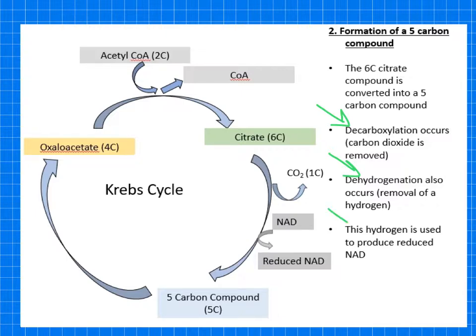And the coenzyme NAD is going to produce reduced NAD, as you can see. So as we move through, decarboxylation occurs, dehydrogenation, the NAD takes hydrogen away to produce reduced NAD and a 5-carbon compound. Luckily, you don't need to know the name of that, you just need to know it's a 5-carbon compound.